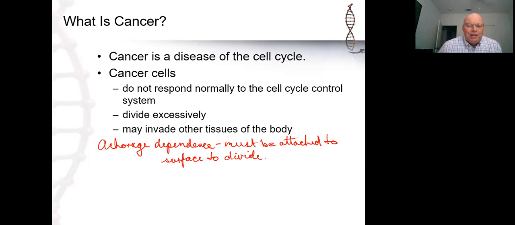The one exception is blood cells. So cancer of the blood can involve cells that can divide even though they're not anchored to something. So the leukemias. But most other cells, even if they're cancer cells, they've got to be anchored to something in order to be able to divide. The second one is called density-dependent inhibition.